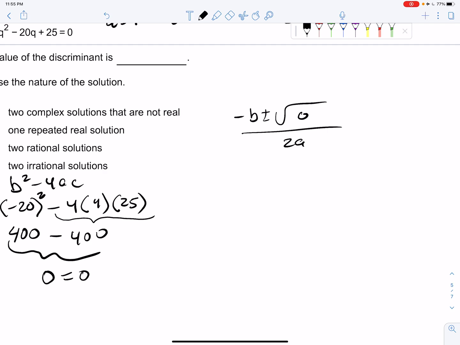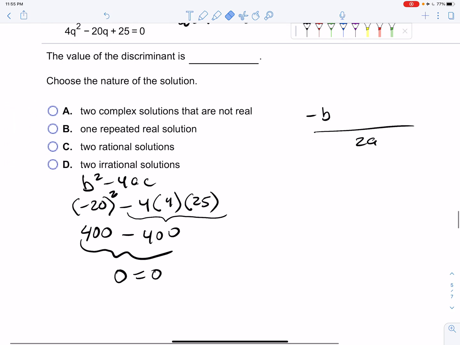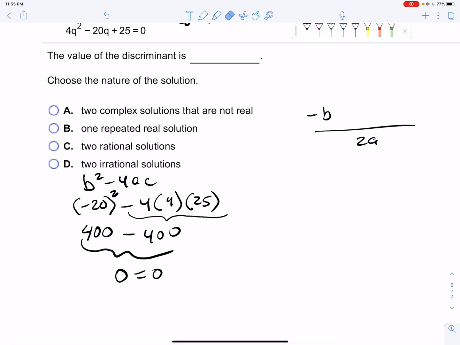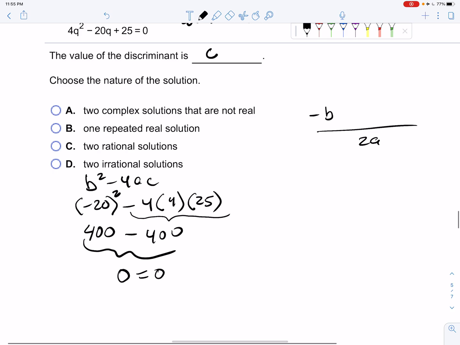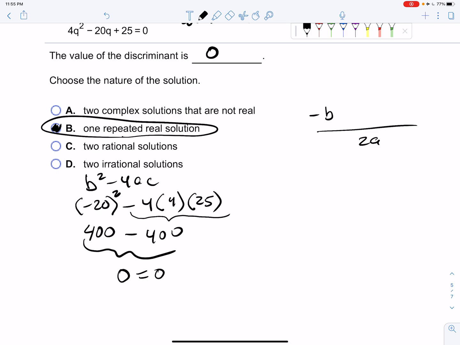And the square root of 0 is 0. And you can't have a plus or minus 0, so this goes away and this goes away. And so you just get one repeated real solution. So first of all, the value of the discriminant is 0. Second of all, how many solutions? One repeated real solution is what we're going to get.